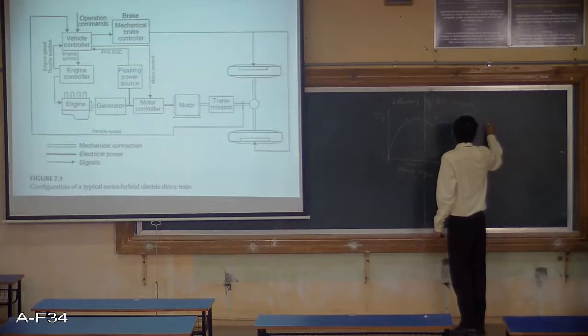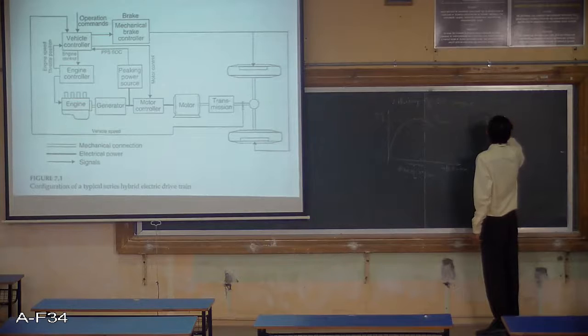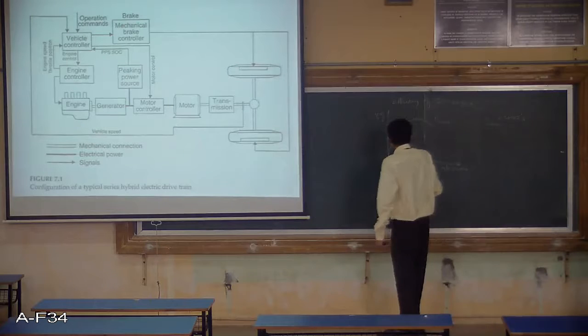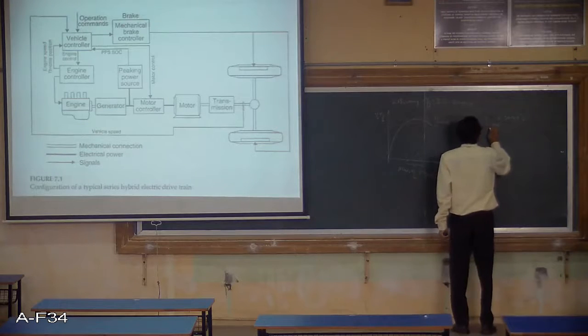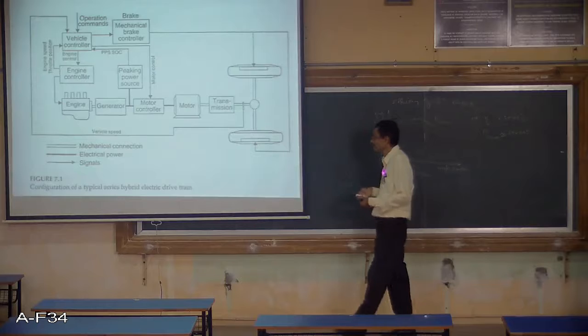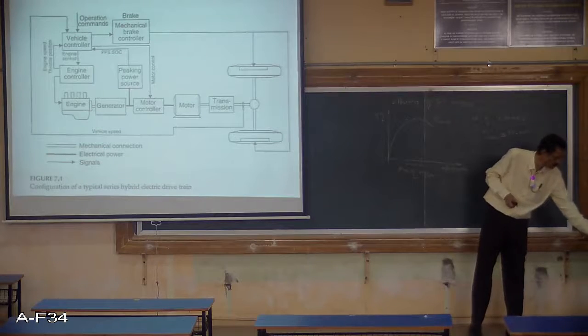It could be approximately 30 to 40%. Average efficiency and maximum efficiency could be approximately 50 to 60%. So we can increase the efficiency of the IC engine by using this particular mechanism.